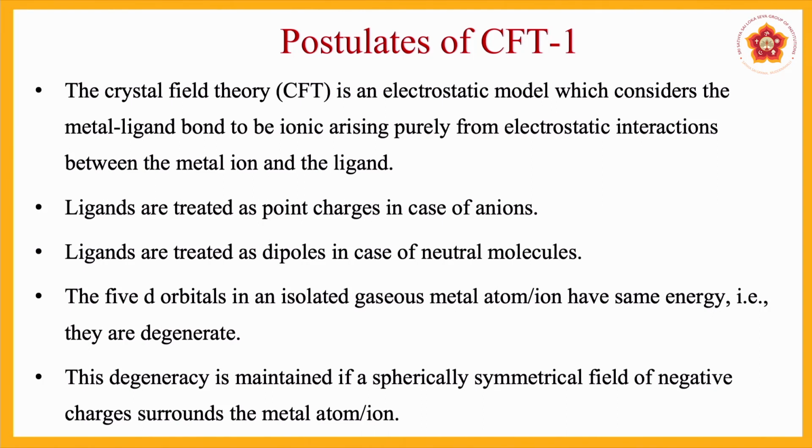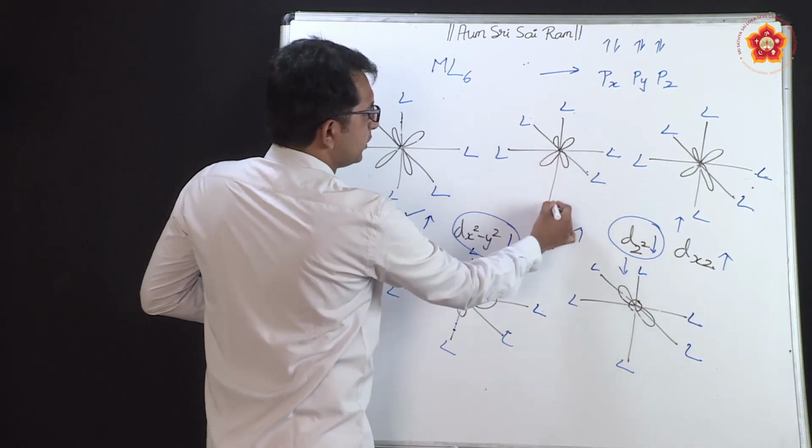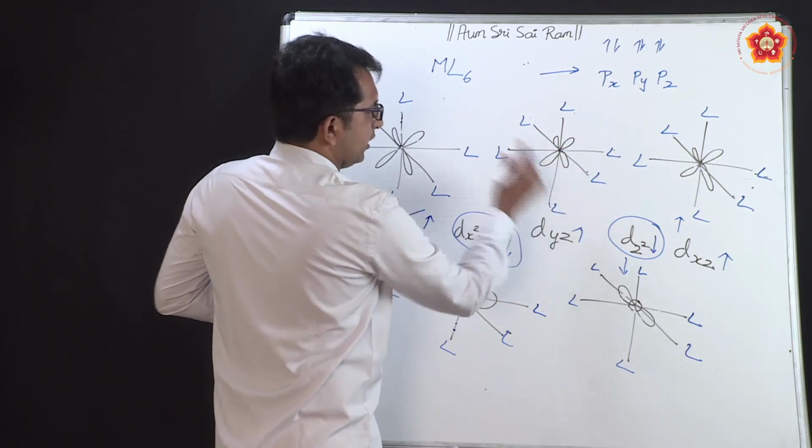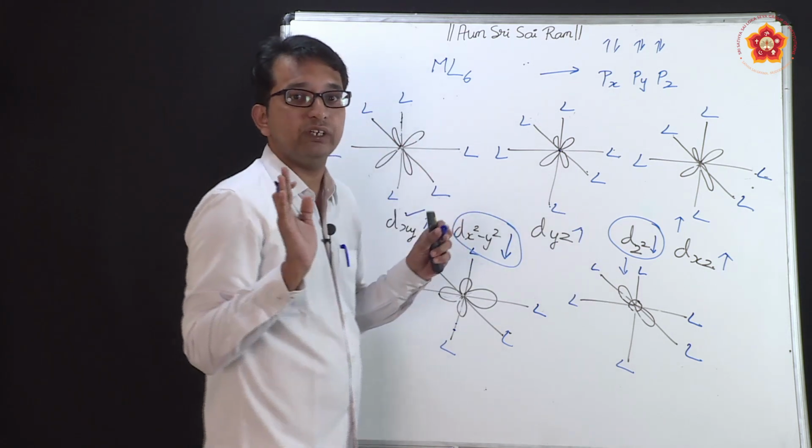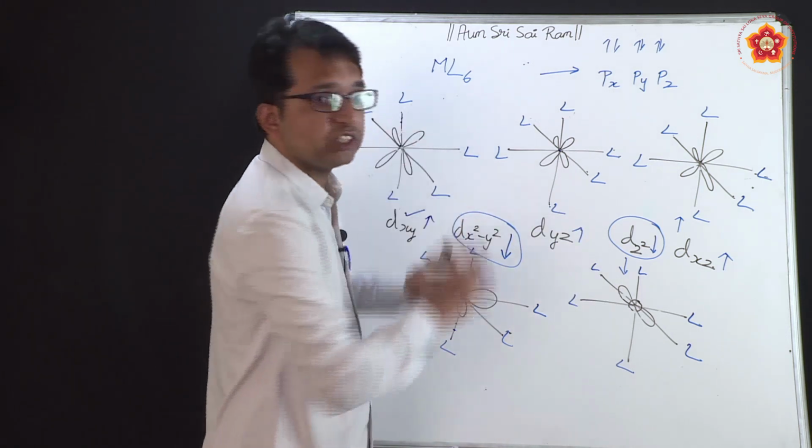The crystal field theory is an electrostatic model which considers the metal ligand bond to be ionic, arising purely from electrostatic interactions between the metal ion and ligand. That is what was explained here by me, that in these cases, the interaction between metal and the ligand is what determines this crystal field theory. This was the first point of the postulate.